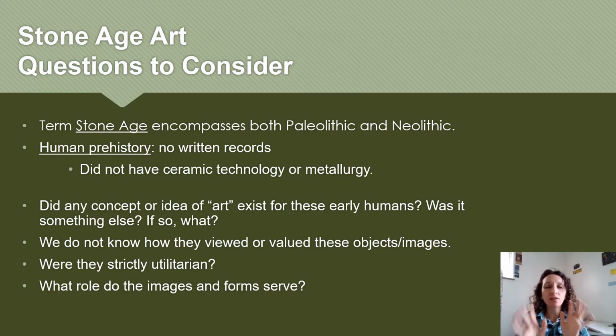But the main thing to remember is that there are no written records. Human beings did not have ceramic technology and they did not have metallurgy, which means they have no containers or vessels of any kind to store their food in, to store grain in, to store any of that kind of stuff in. So everything they're doing has a certain level of immediacy.